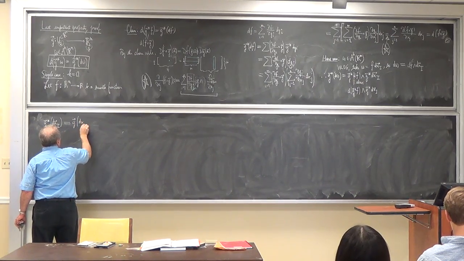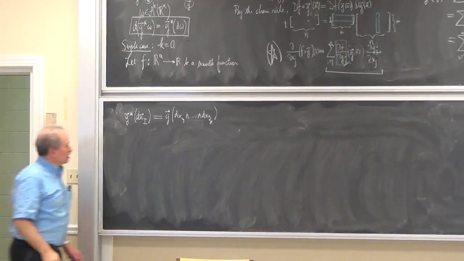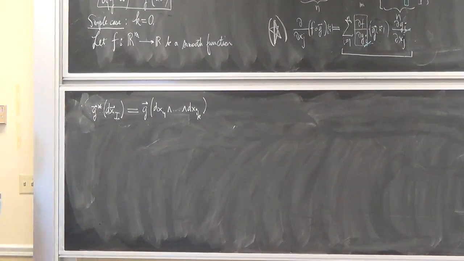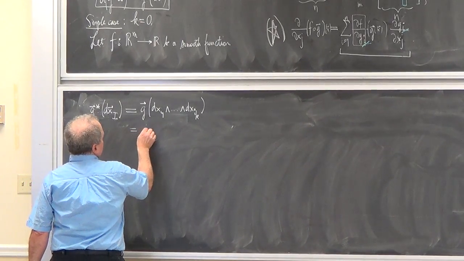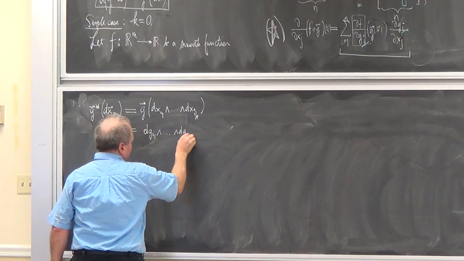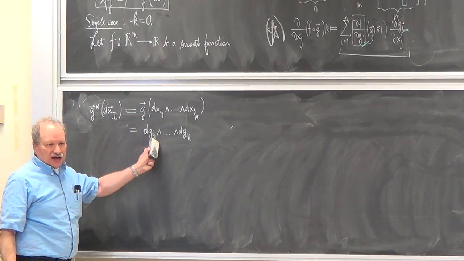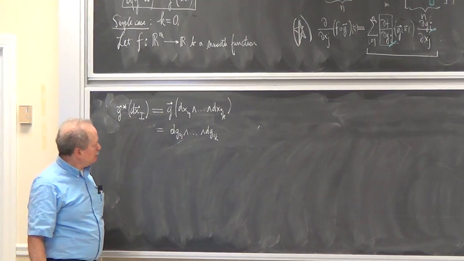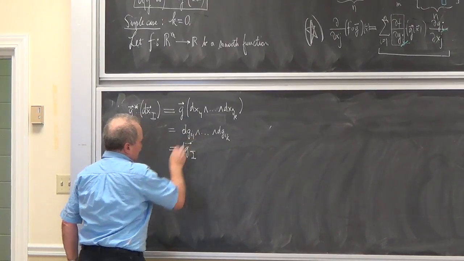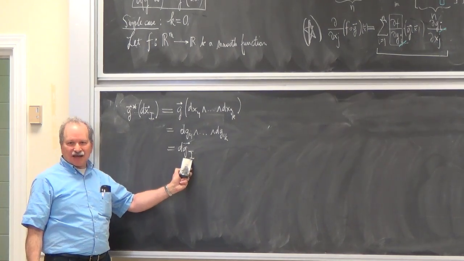I'm taking a bunch of dx's with various indices on them wedged together, and I'm pulling that back. How do I pull back? You distribute. It'll be dg_i1 wedge dg_i2. So you just pull back using what we just used, that the pullback of a certain dx is the d of that component function of g. So this is what I would write as dg_i. Just by analogy with the subscript on x, you're using the exact same subscript on the g.